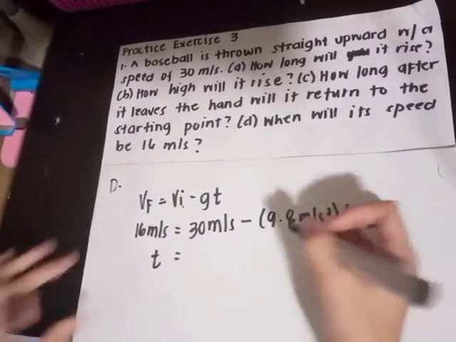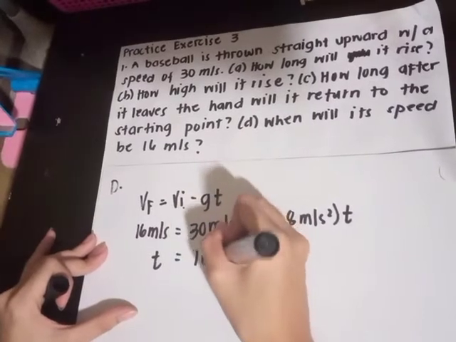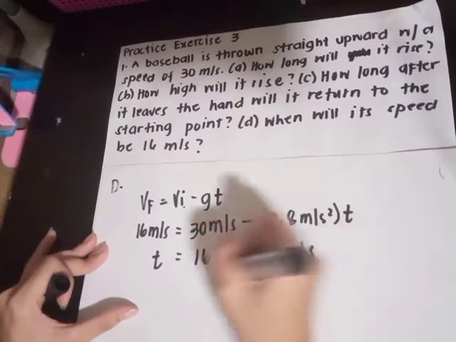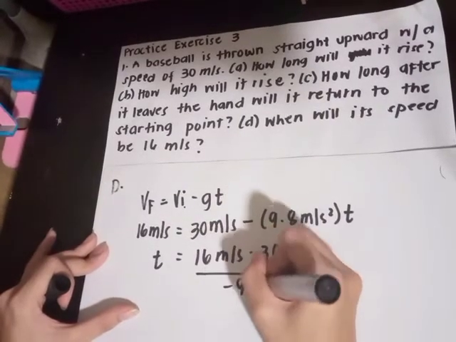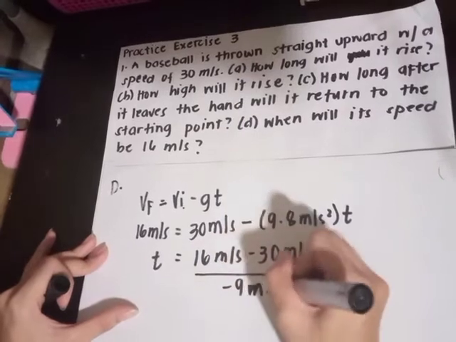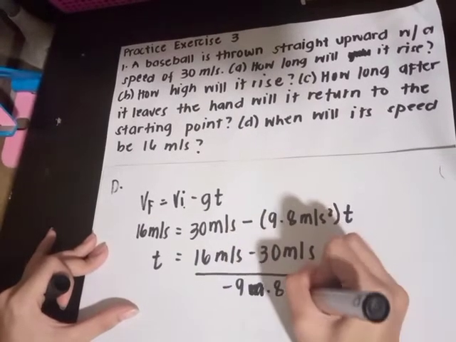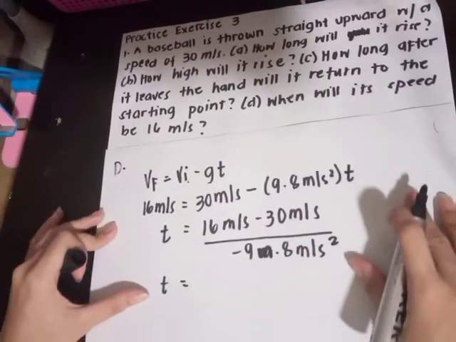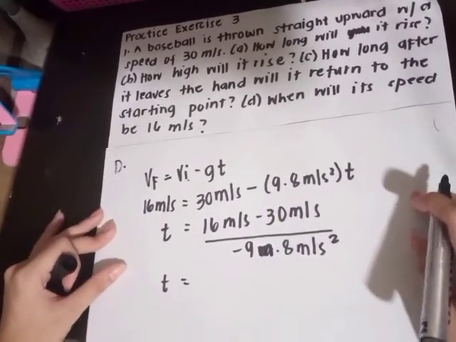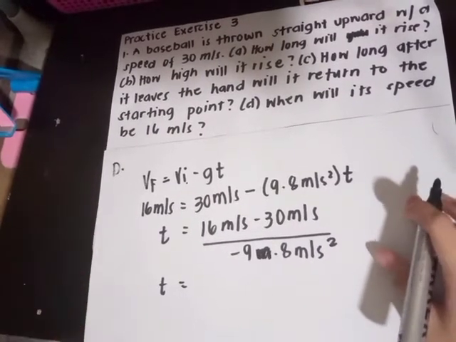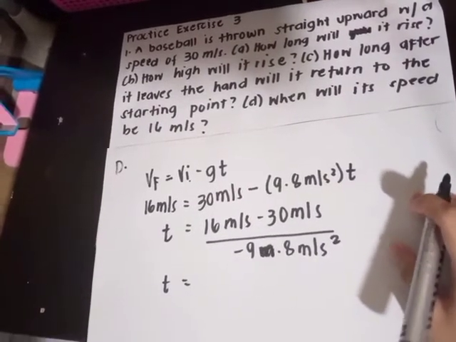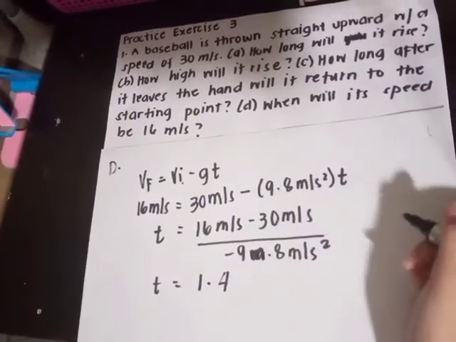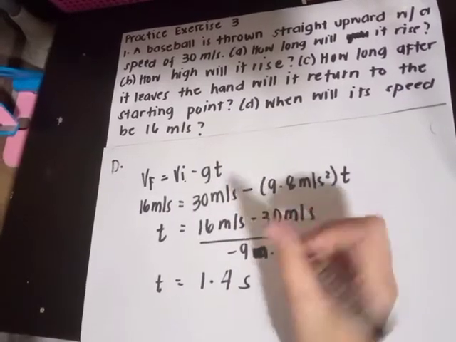T is equals to 16 meter per second minus 30 meter per second over negative 9.8 meter per second squared, and then 16 minus 30 over negative 9.8 is 1.4, and we have seconds.